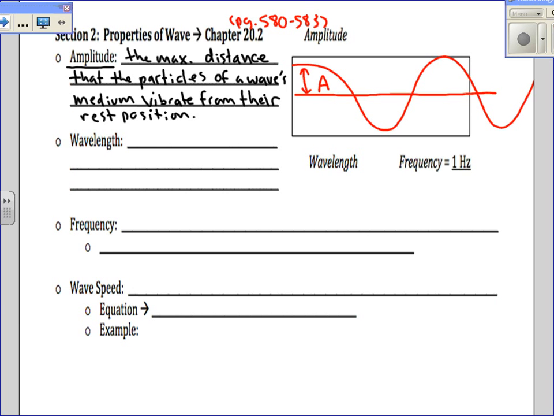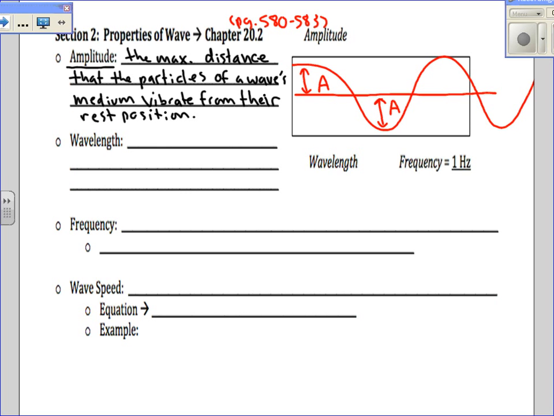And if we're cutting the wave down the middle, this is also the amplitude. Like I said, this is the max distance that the particles of a wave's medium vibrate from their rest position. The rest position is that central baseline. As the amplitude goes up, the energy will increase. So this is the point from center to the peak or the trough of the crest.